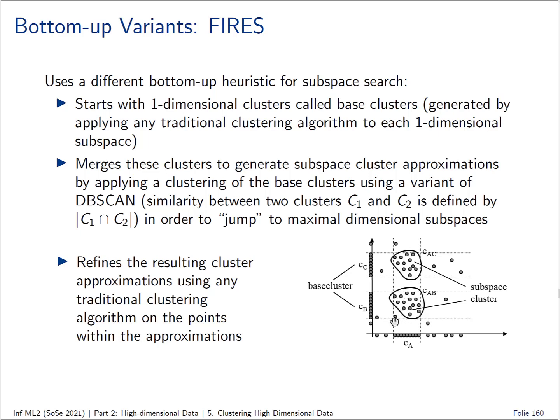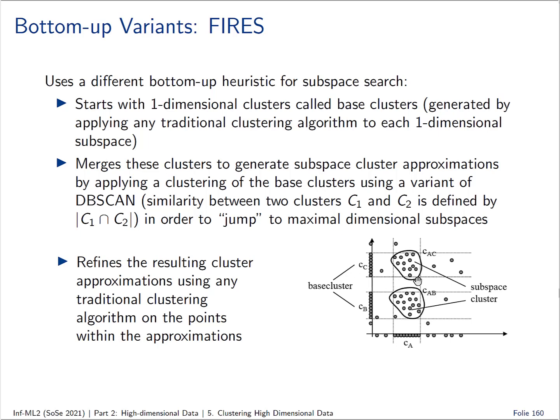So we would identify this one as not belonging to it. For example. So you see the heuristic now is that we still start bottom-up with one-dimensional clusters, but we apply a clustering of these one-dimensional base clusters in order to merge them.